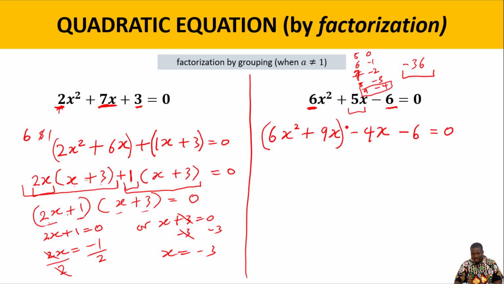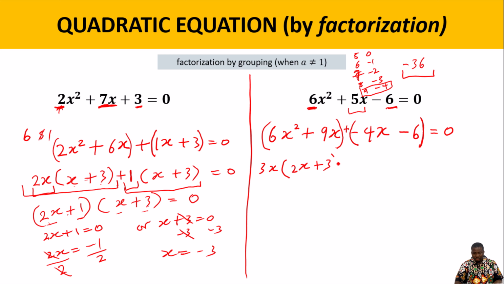I'm going to put a plus here, and I want this minus to be in the bracket. So we have 6x squared and we have 9x. We can divide both by x, that's 1. We can also divide both by 3. So we can divide both by 3x. When we divide both by 3x, this is 2x and this is plus 3.